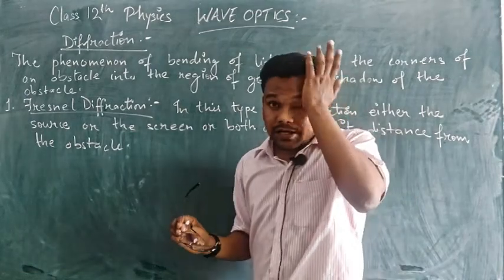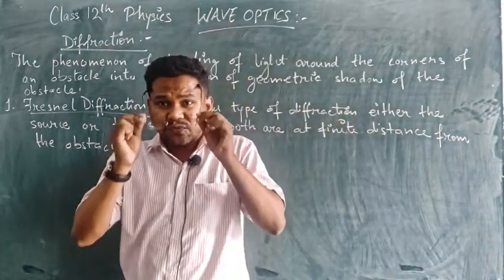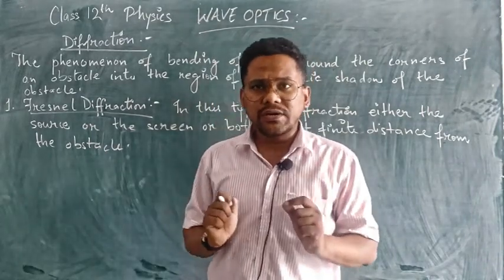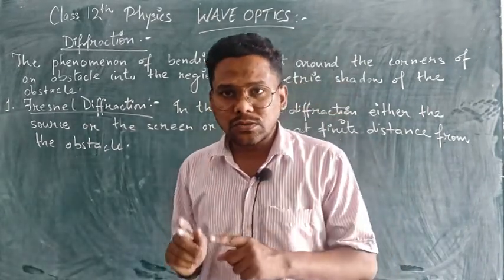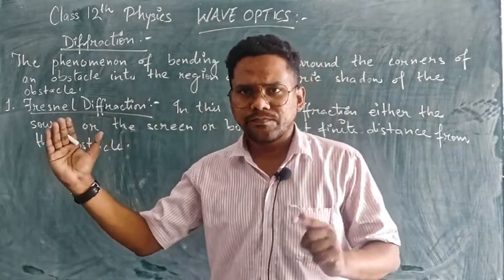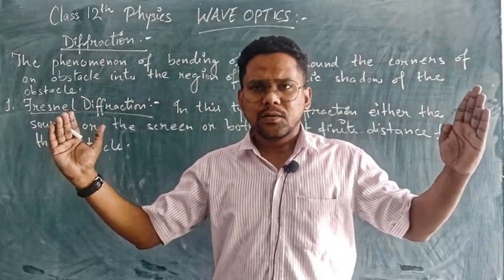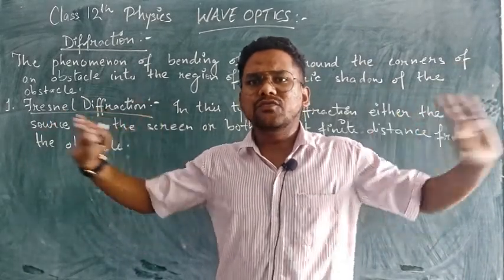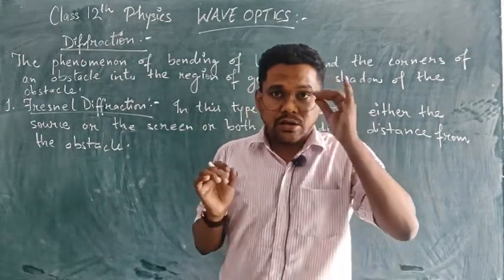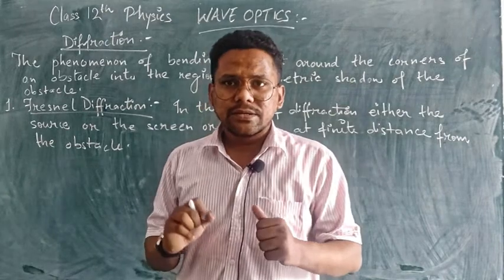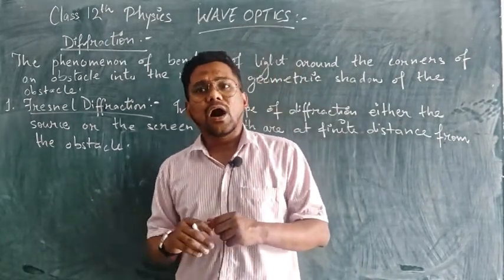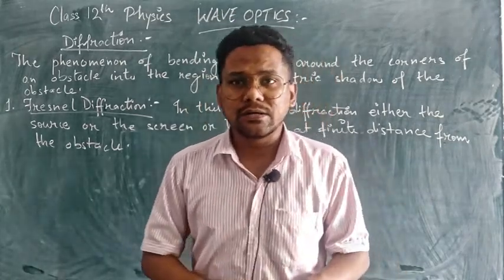Okay. The other type of diffraction is Fraunhofer diffraction. In Fraunhofer diffraction, the source and the screen both are at infinite distance from the obstacle. Now the question which arises is that if both are at infinite distance, how do we know that diffraction is occurring there?